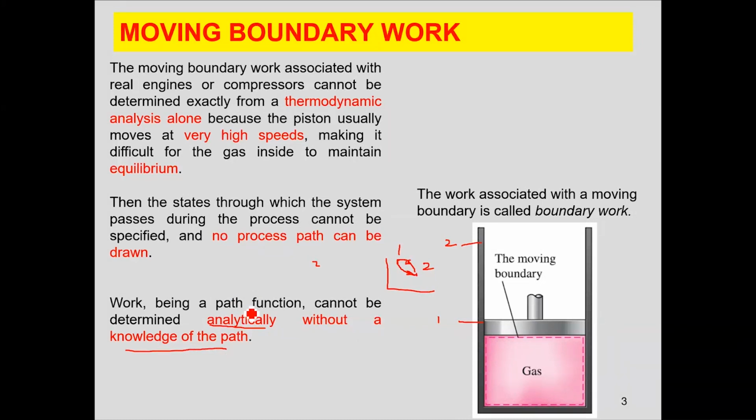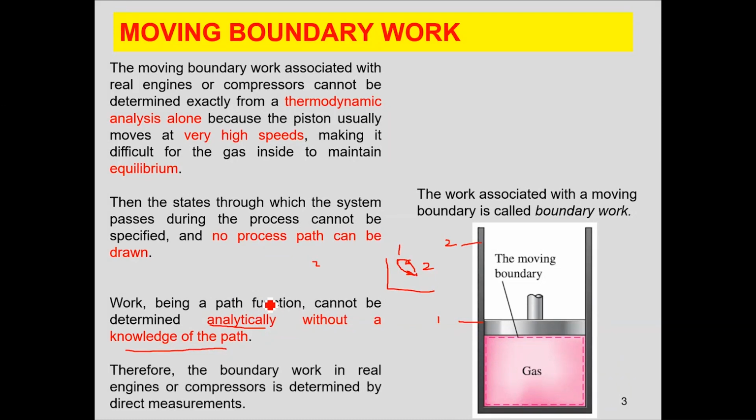Therefore, for real engines, the boundary work is normally determined by direct experimental measurements. You cannot determine the work by thermodynamic relationships. However, a quasi-equilibrium process is a process in which your system is in equilibrium at all times, or is nearly at equilibrium at all times.